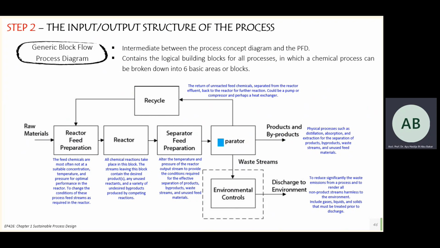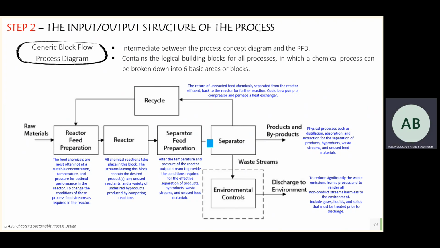It doesn't mention over here how many separator that you need yet. Okay, the generic one. Once you go to detailed design, then only you should identify how many separator that you need. What type of separator that you need. Depends on your feed condition, whether it is in gas, liquid, or solid.